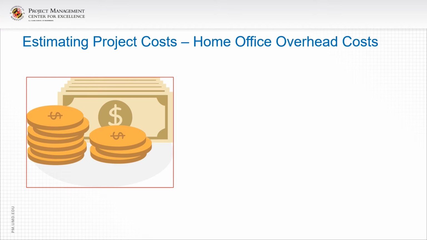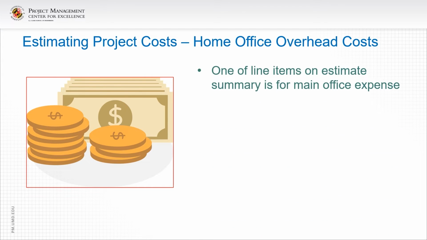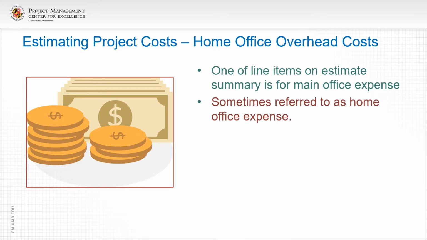Next, we come to the home office overhead costs. One of the line items on this summary is for main office expenses, sometimes referred to as the home office expense overhead.